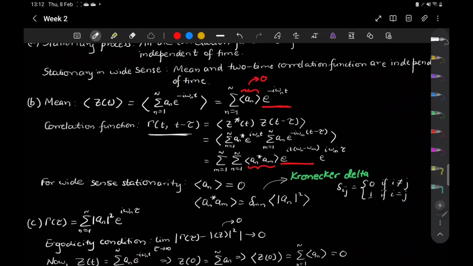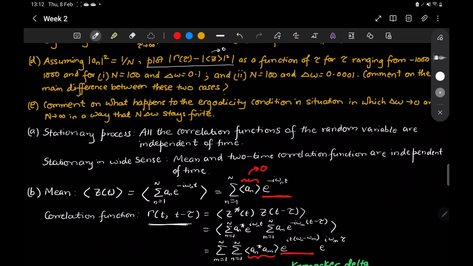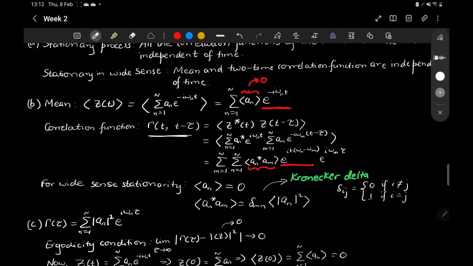Let us now come to the last part of the first question. It says: comment on what happens to the ergodicity condition in the situation in which delta omega tends to 0 and n tends to infinity in a way that n delta omega stays finite.